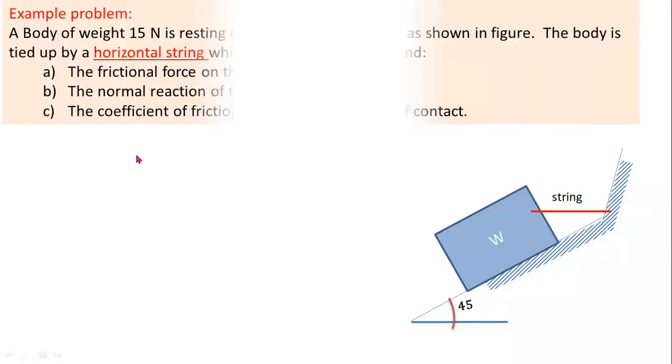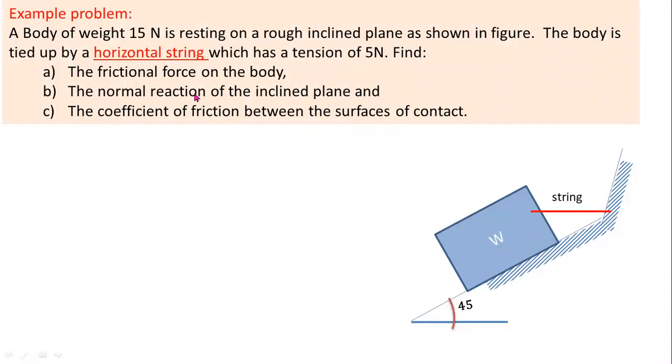Now coming to the first example, this is the given question and this is the given diagram. A body of weight 15 newtons is resting on a rough inclined plane, as shown in the figure.